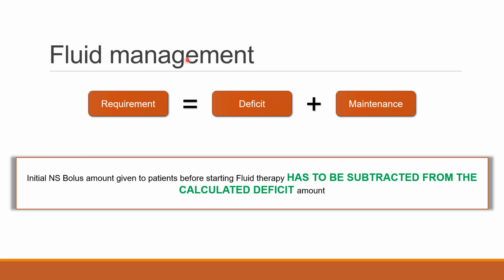That means that bolus is also a part of this deficit. That's why while calculating the deficit later, we have to subtract that amount of fluid bolus from this deficit.